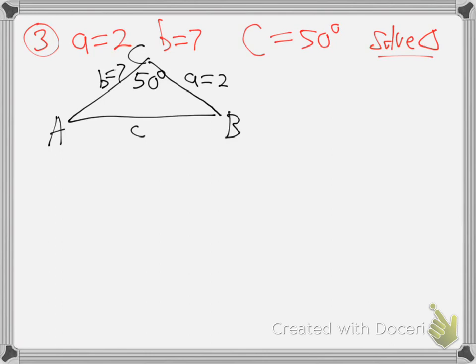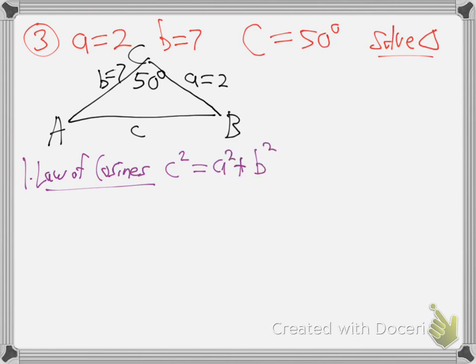What formula, which side are we looking for? C, so step 1, law of cosines. C squared, because that's the side we want, is the other two, looks like the Pythagorean at first, minus, it's always minus, a subtraction, 2AB cosine of what?